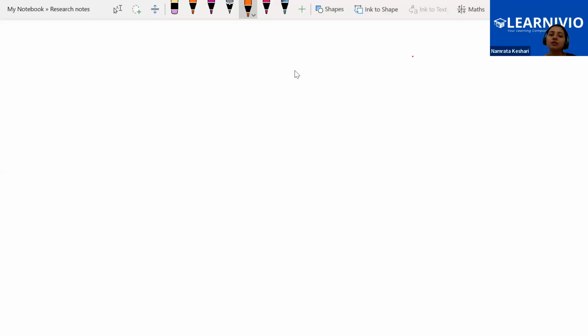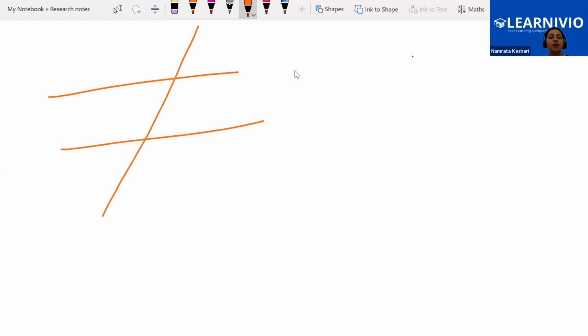So when we are having two lines, let's say line L and line M, and there is a transversal whose name is N. L is there, M is there, N is there. We don't know if L and M are parallel.